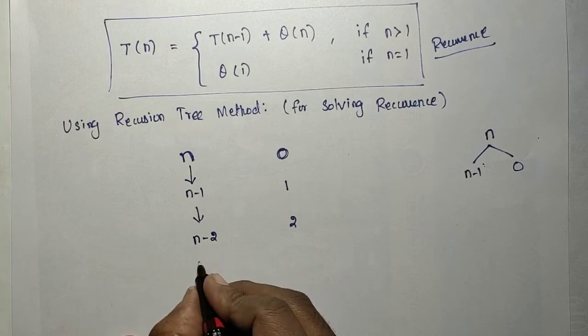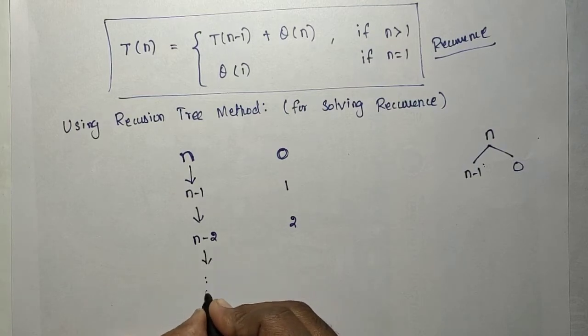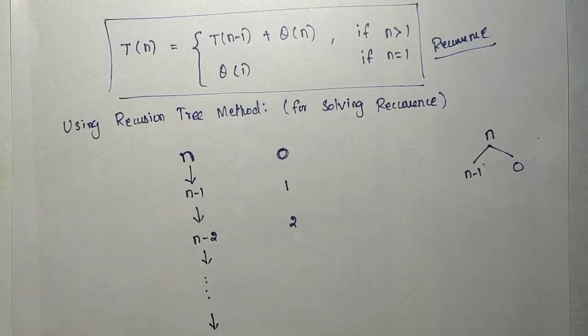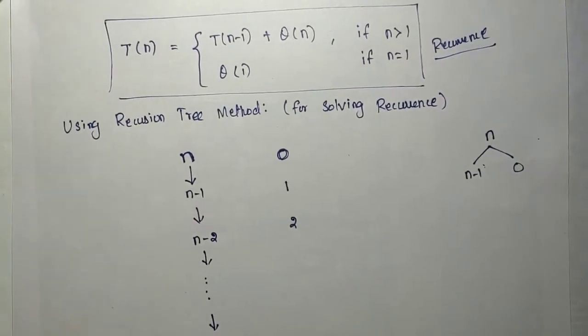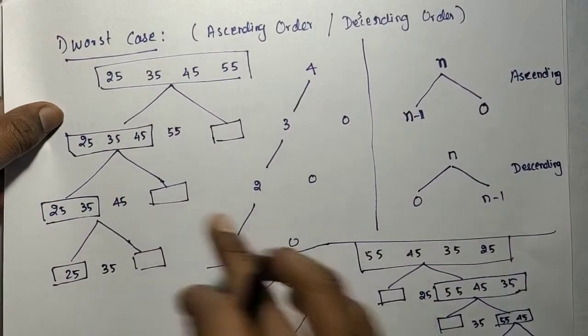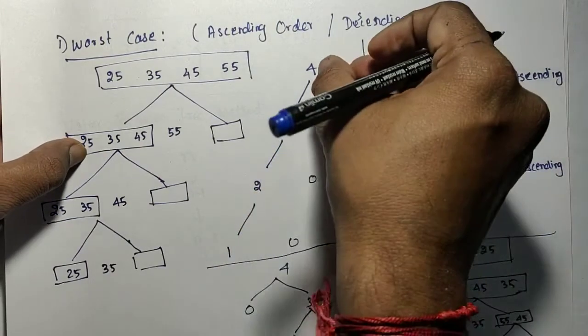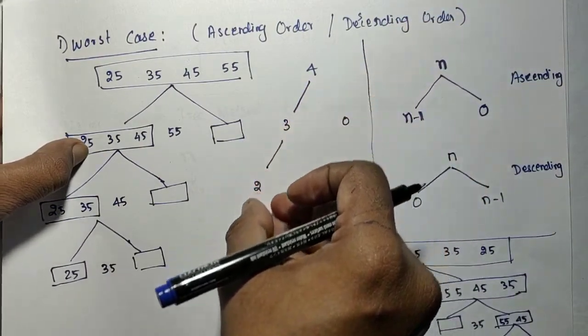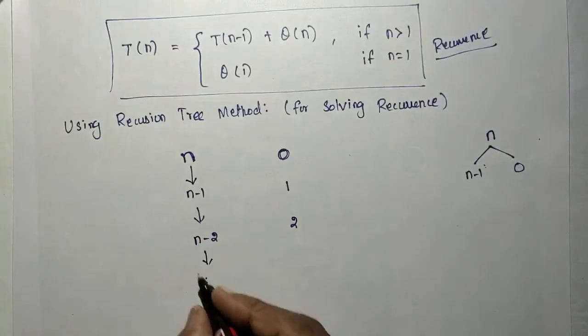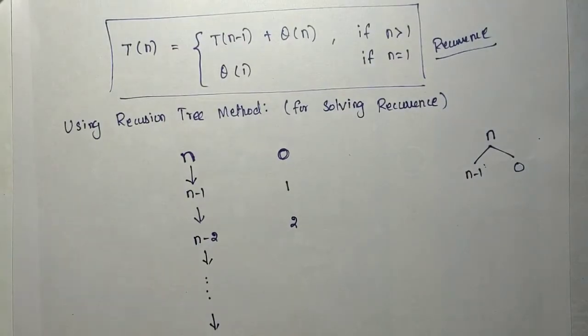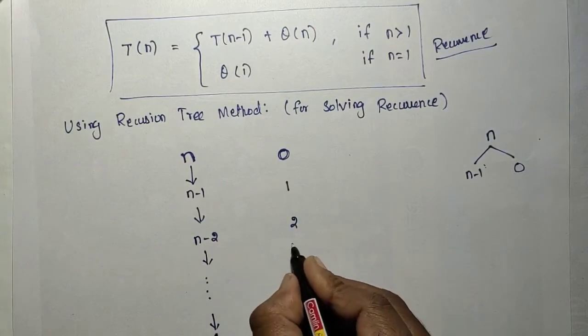And so on, at the last level, the size will become 1. For example, take an input in ascending order: 4, 3, 2, 1. So 4 is reduced like this, 4, 3, 2, 1, and in one level the size will become 1.